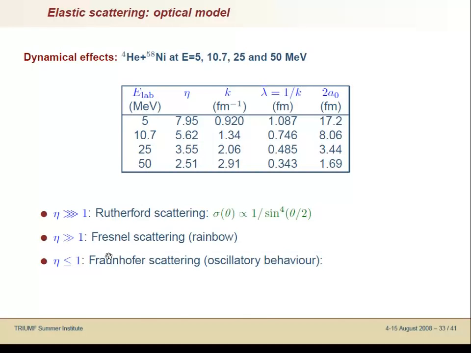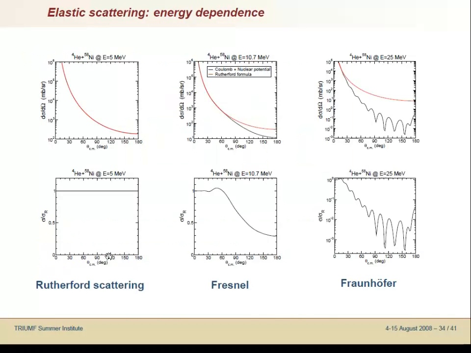Okay, let's go to the results. These are the results of the output, and this afternoon you will have the opportunity to run this by yourself, change the energy and play with the result. But now I just show you what you should get. These three plots correspond to three different incident energies: 5, 10, and 25. On the top is the absolute cross-section.